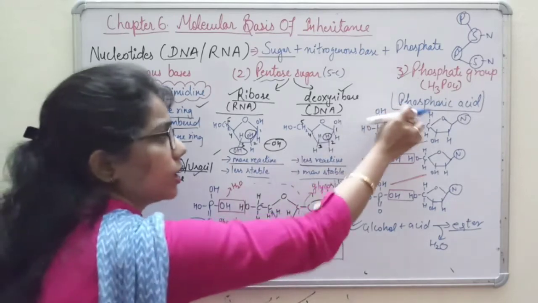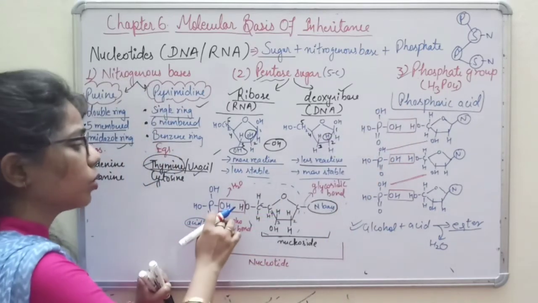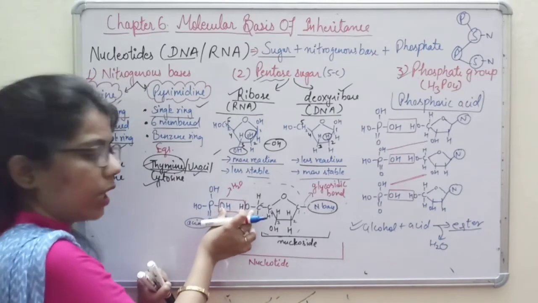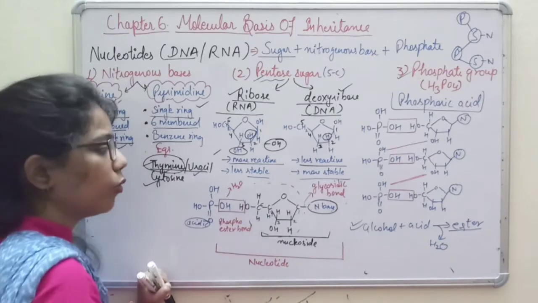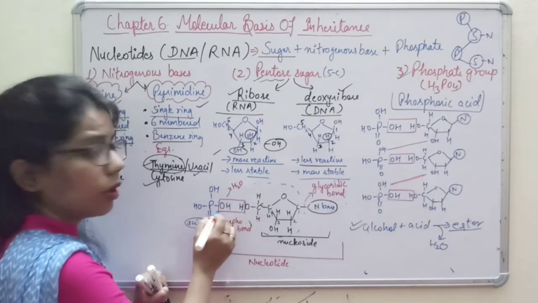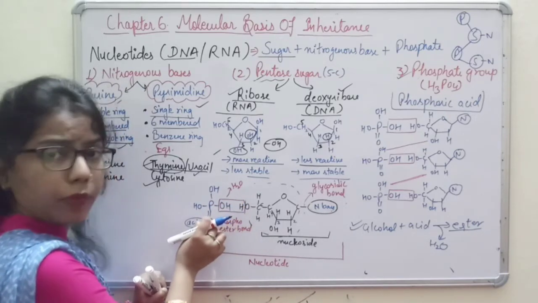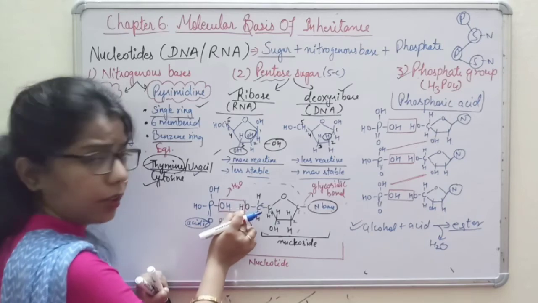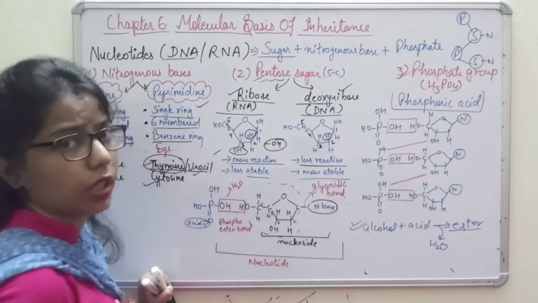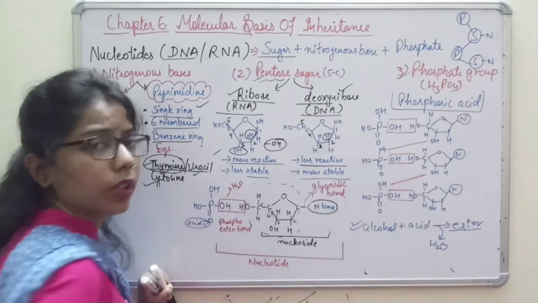This phosphorus is a phosphoric acid, so it will act as an acid. When alcohol and acid combine, what will it do? It will remove a water molecule. So how will it remove it? The OH from the phosphoric acid and the hydrogen from the ribose sugar will go out, and it will lose one water molecule.